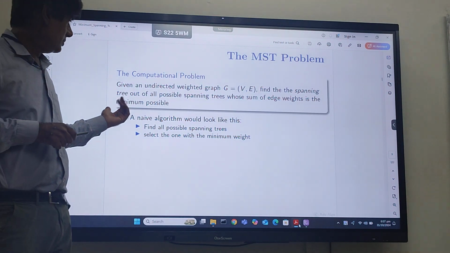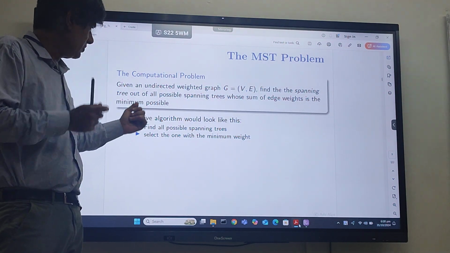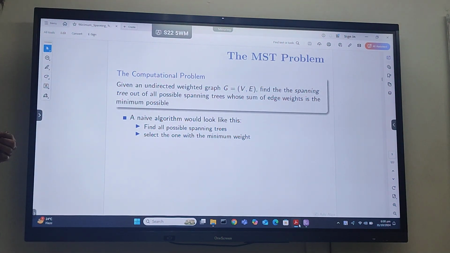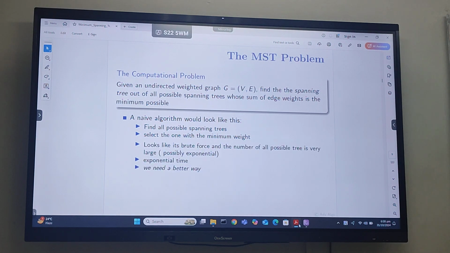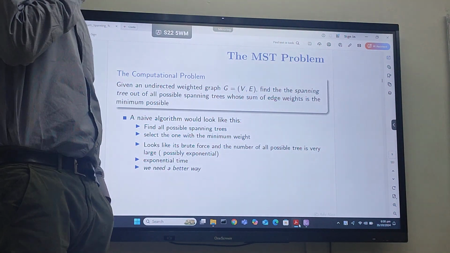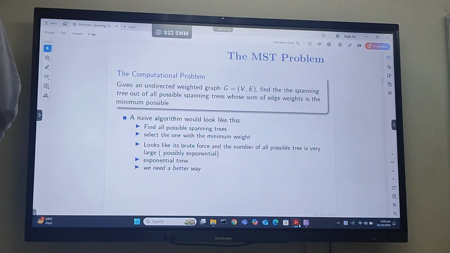So we saw that a naive algorithm would be to find all possible subtrees and select the one with the minimum weight, but that we had seen is almost an exponential algorithm. This is a brute force algorithm, and brute force automatically indicates that it is exponential in time.